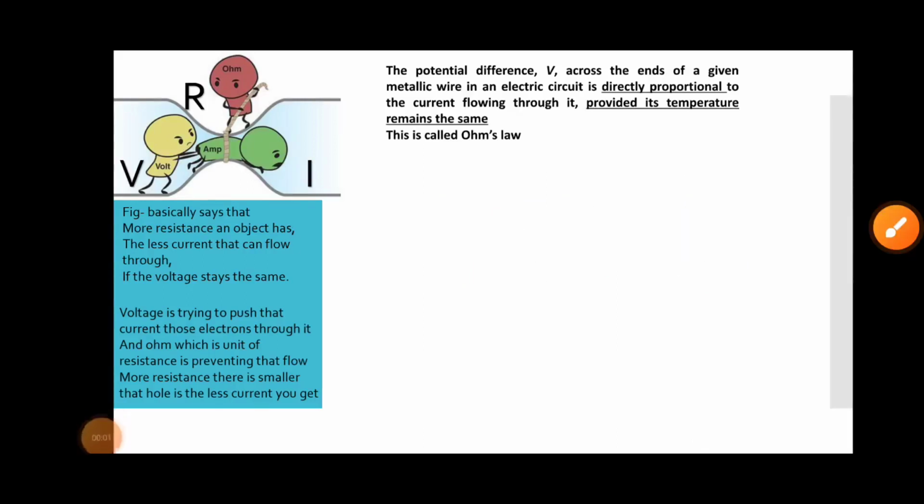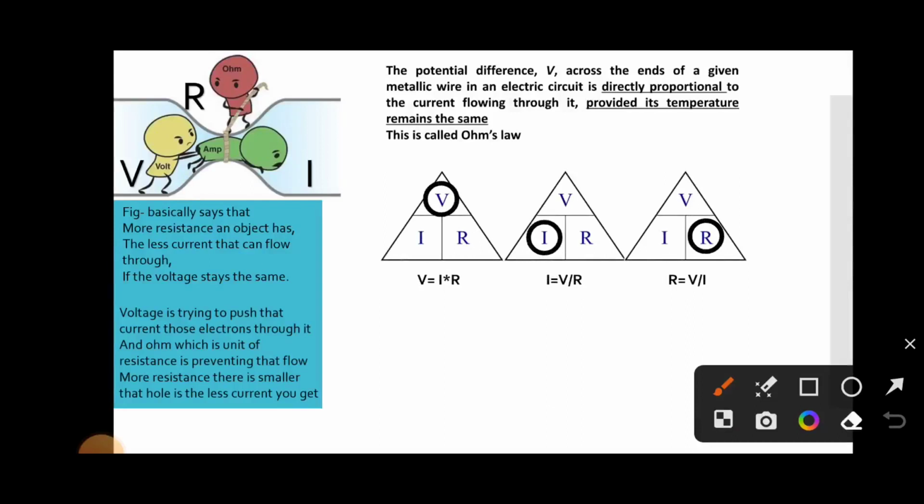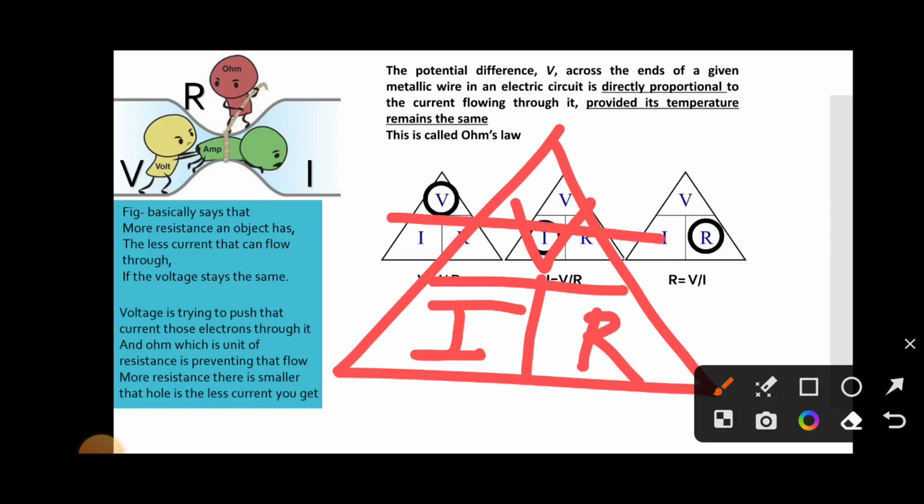To remember the formula, we use the triangle. Here we take voltage, here current, and here we take resistance. If you want to find the voltage, hide the voltage and the remaining terms are on the right-hand side. So the voltage is equal to current multiplied by resistance.